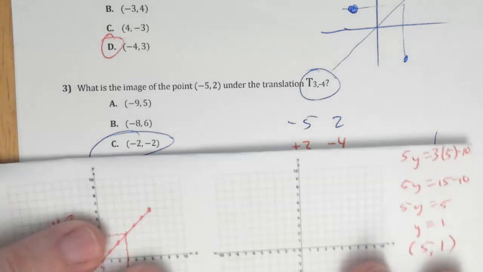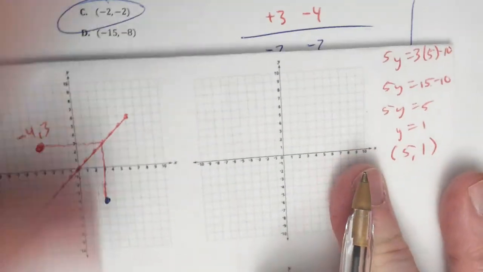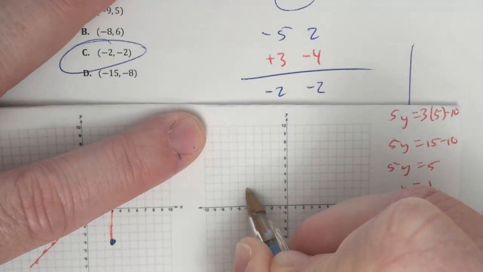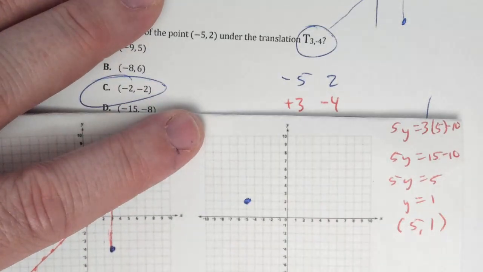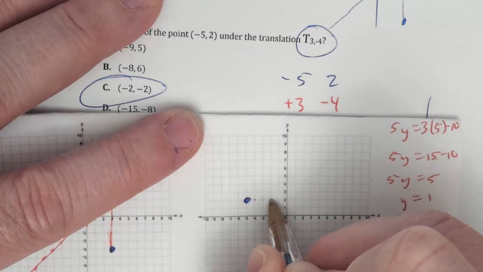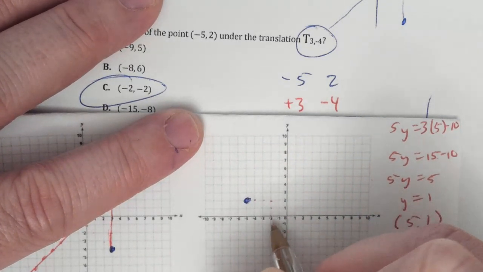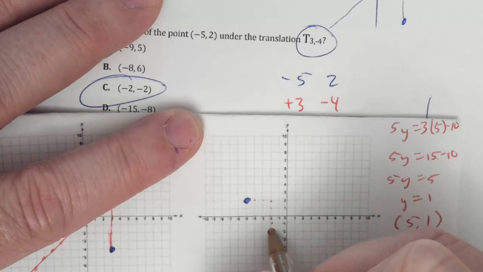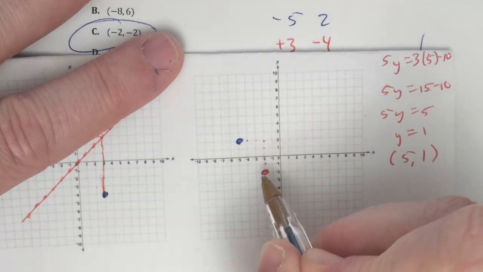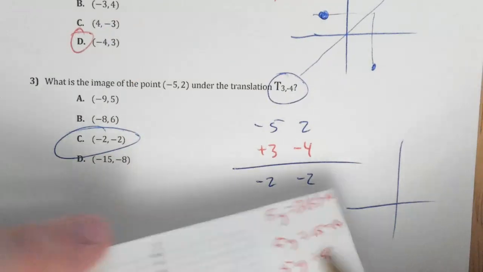Now, if you didn't feel good about that one, you could do the graph way, which is right here. We're starting at -5, +2. That's where we started, and they said to go +3. So 1, 2, 3, -4. 1, 2, 3, 4. And this is where we landed. And that coordinate is at -2, -2, which is exactly where we said we were.